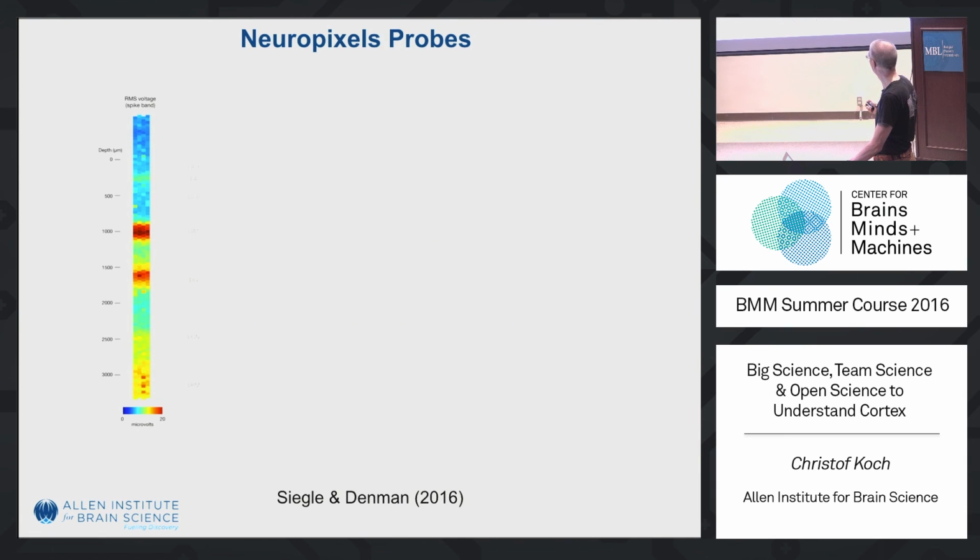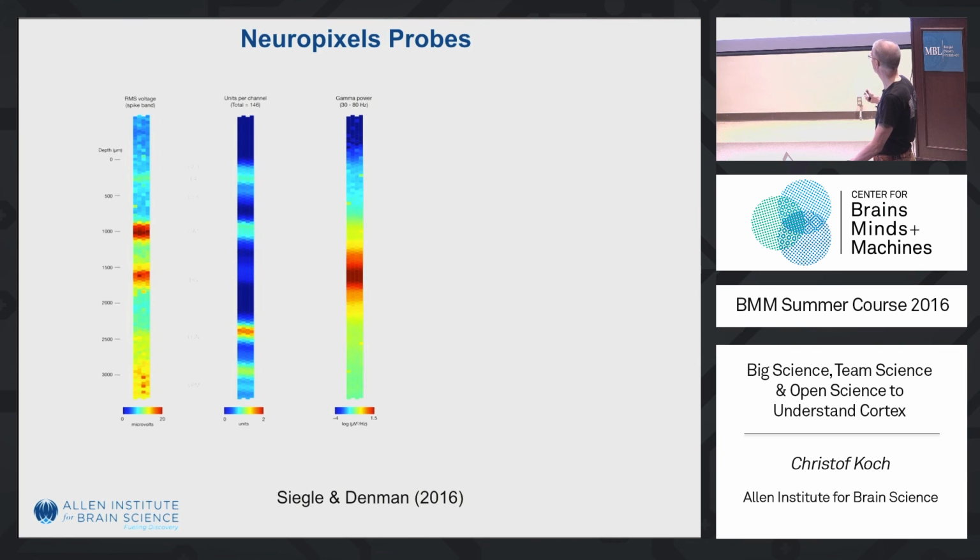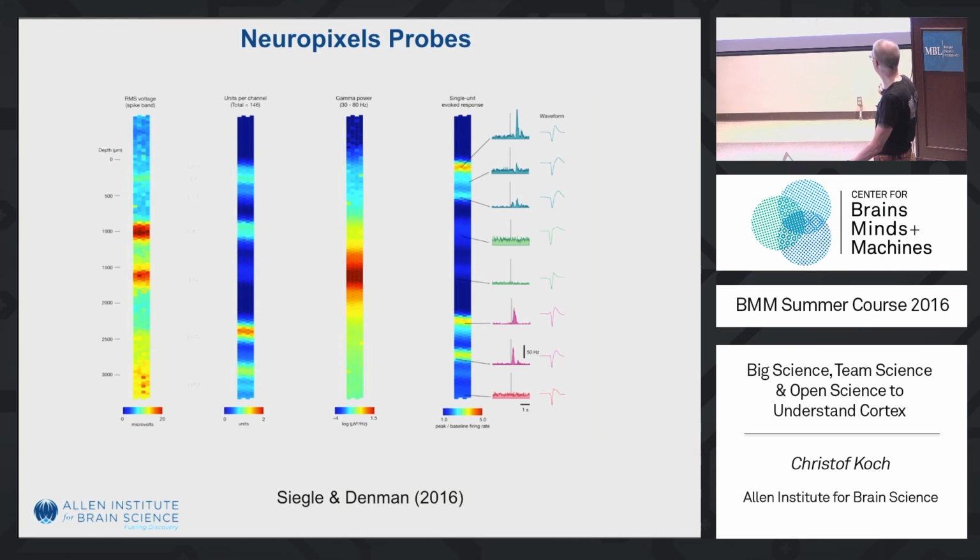And over here, what you see is activity. This is cortex. This is CA1, dentate gyrus. This is LGN, and this is another thalamic nucleus, VPM. Here you see the spike band voltage, you see the units, you see the gamma power. You can see single unit evoked responses because they're yoked to a visual input.